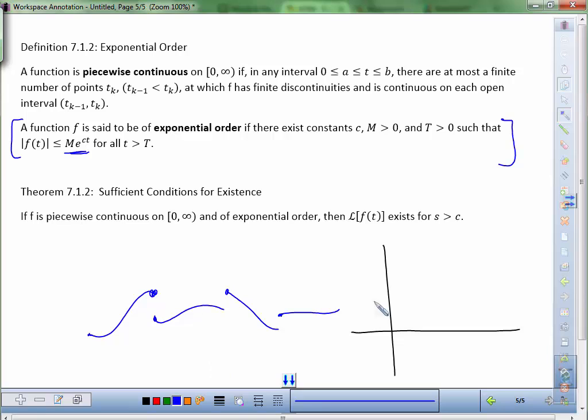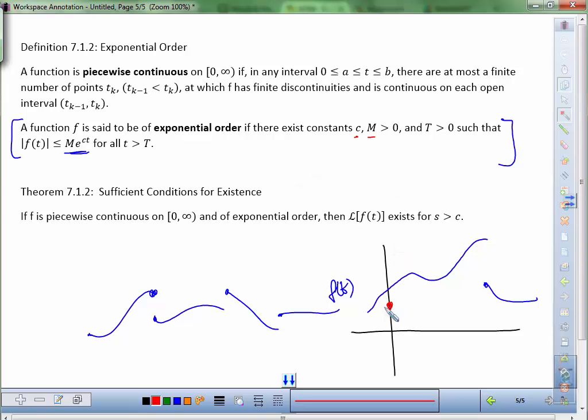So let's say this is your f of t. Let's do your f of t in blue. And it could be piecewise or whatever. And what they're saying is that there's going to exist an exponential function, with constants m and c.